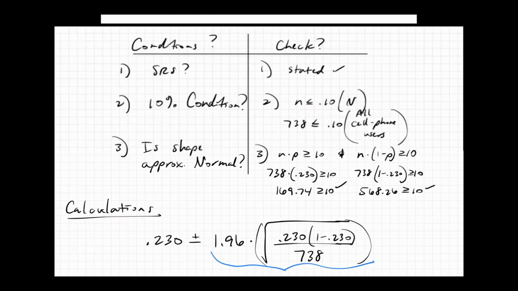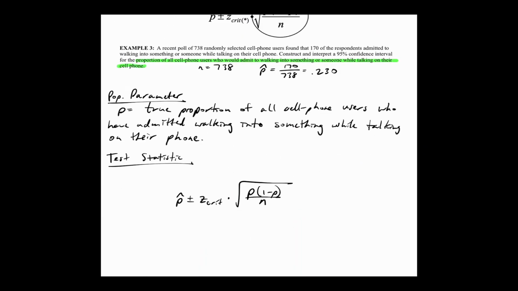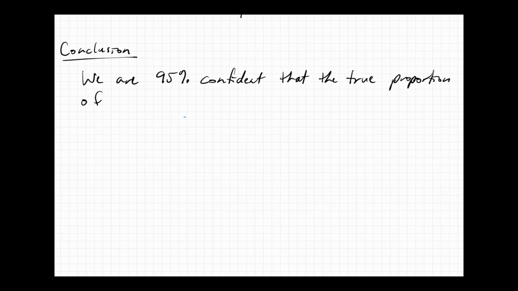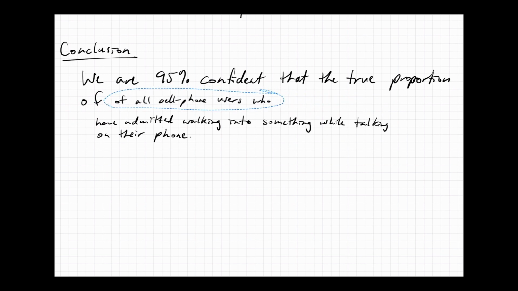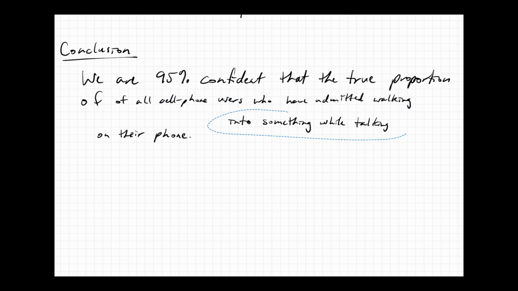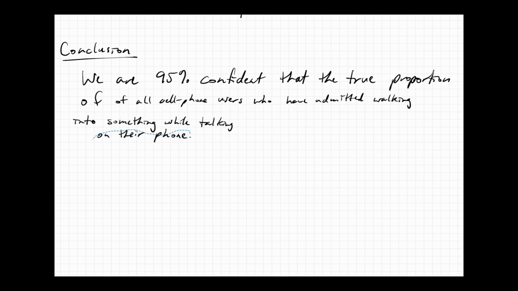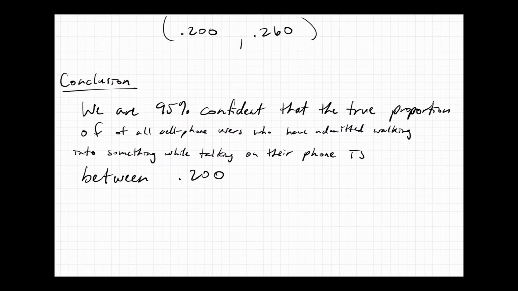We are 95% confident that the true proportion of all cell phone users is between 0.200 and 0.260.